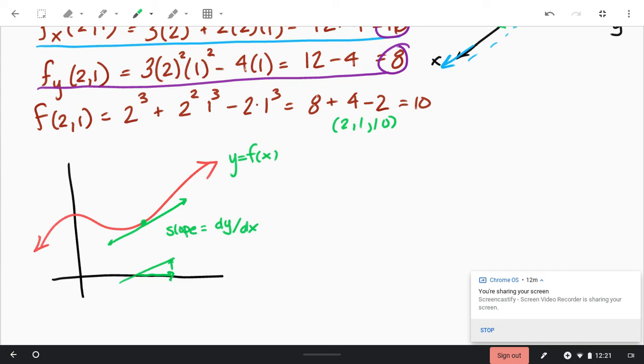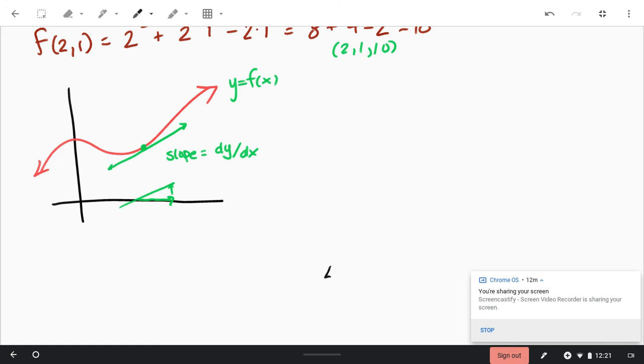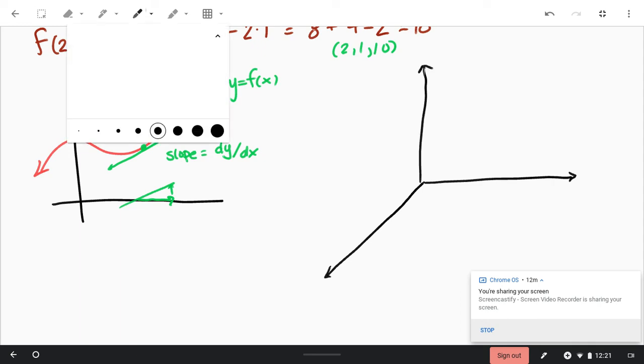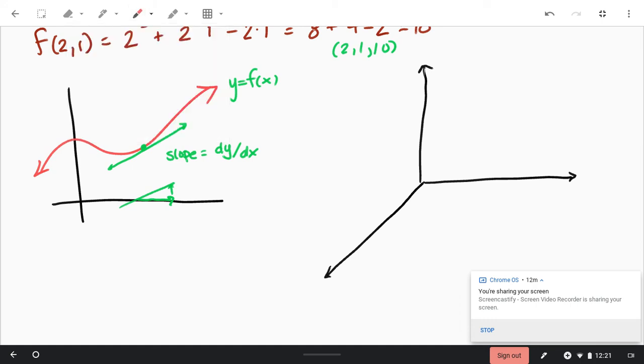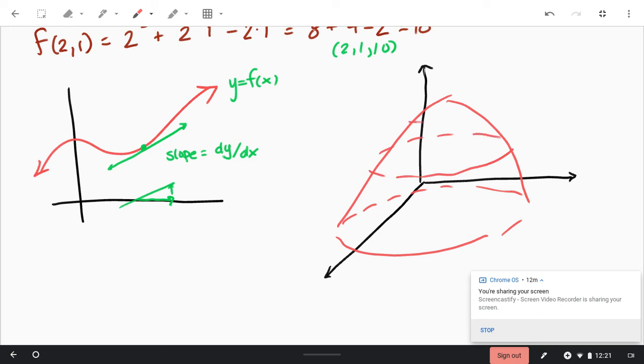Now in 3D, let me see if I can get a good 3D drawing here. I might have some kind of mound shape here, with some level curves on there, almost like an igloo shape.